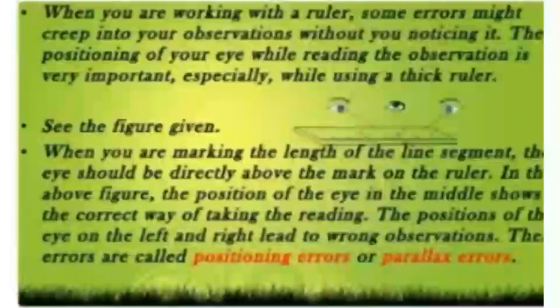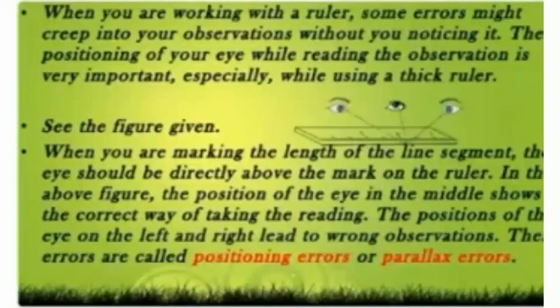When you are working with a ruler, some errors might creep into your observations without you noticing it. The positioning of your eye while reading the observation is very important, especially while using a thick ruler. See the figure given. When you are marking the length of the line segment, the eye should be directly above the mark on the ruler.